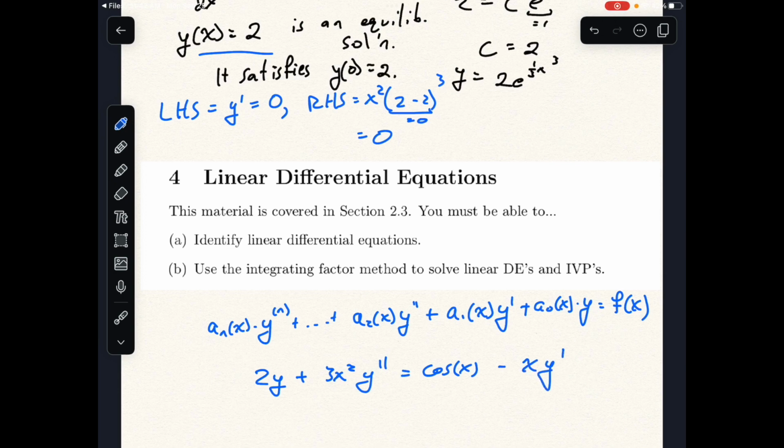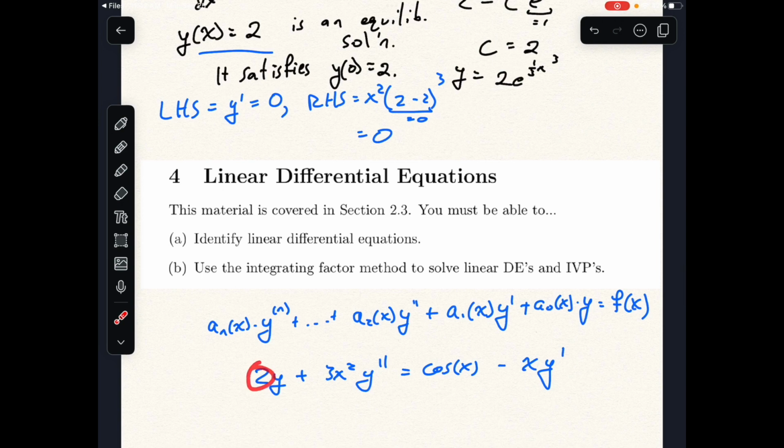This would be linear because all of the y terms, y and its derivatives, are just first order terms. And the coefficients of y, and you could think of this as a zeroth derivative of y, are all just basic functions of x. There's no restrictions on the functions of x.